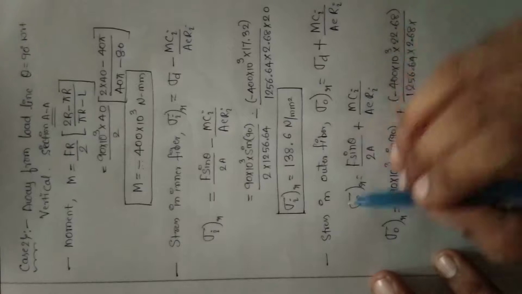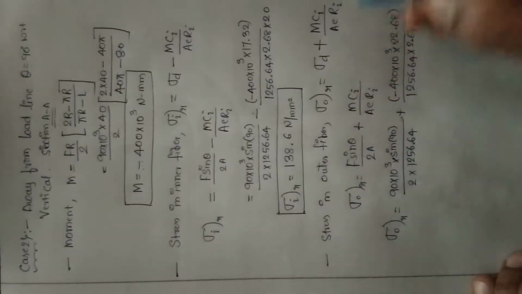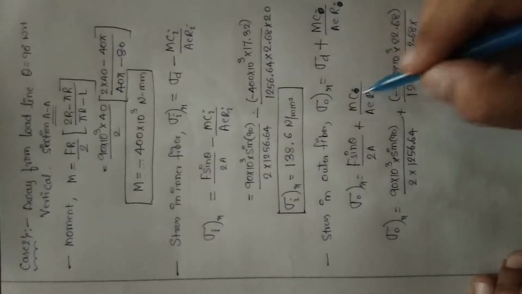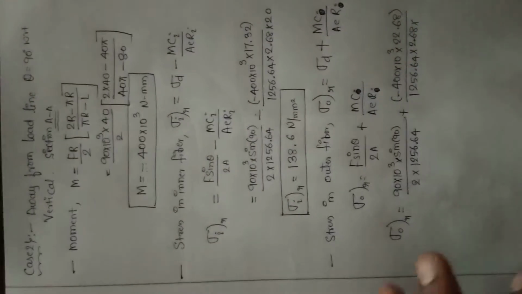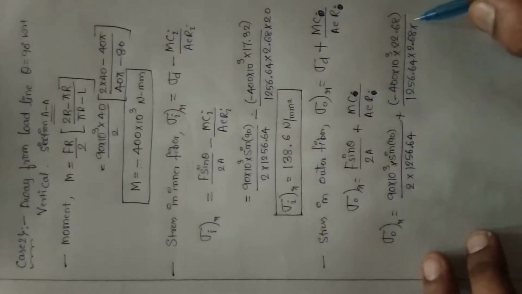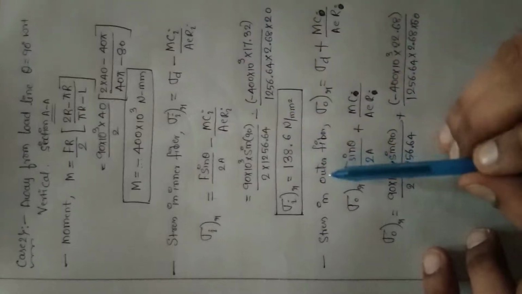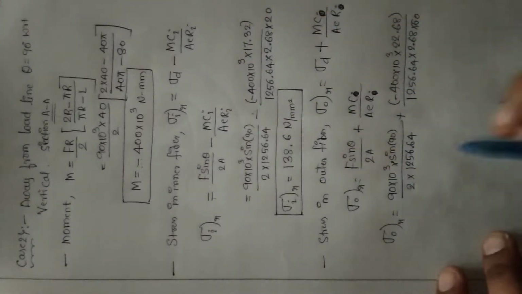Sorry, here I made a mistake, which is what we commonly do. When you have R naught, I need to put C naught and R naught. So please be careful. C naught value is 22.68, R naught I know is 60. For the inner fiber I value we get, for the outer fiber we get C naught. By mistake, if you put the values wrongly, it goes wrong. Be careful with this.